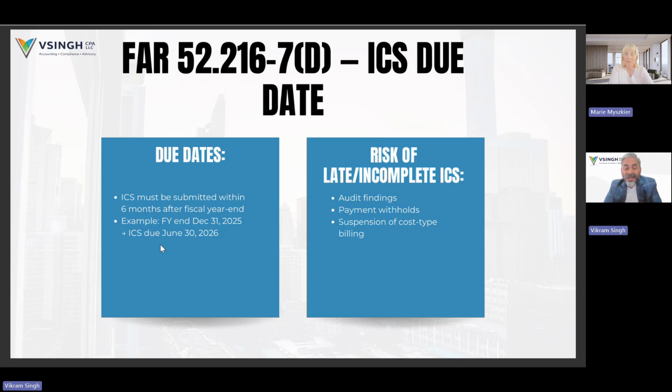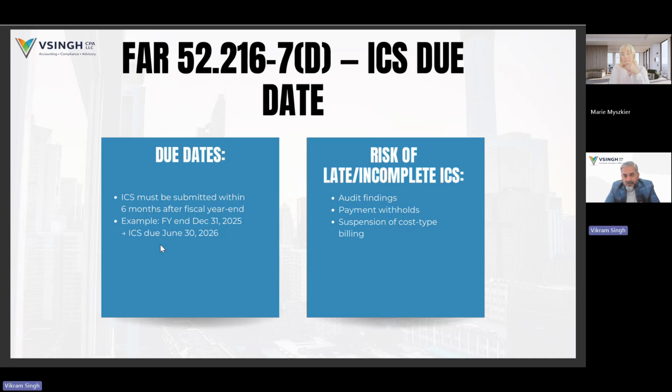So they can wait. But if there is something on their alert on your organization, they may want to have it immediately. And per FAR clause 52.216-7(d), you have to meet that deadline of 6 months within the fiscal year end.